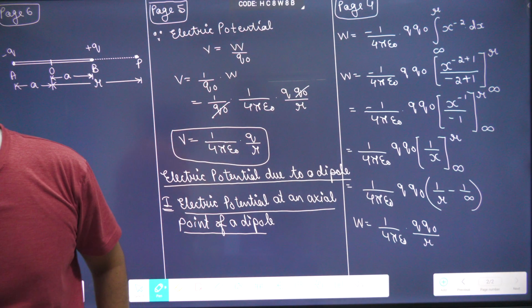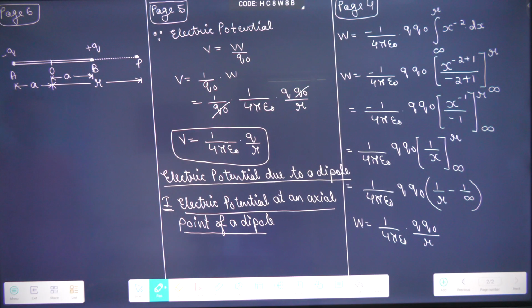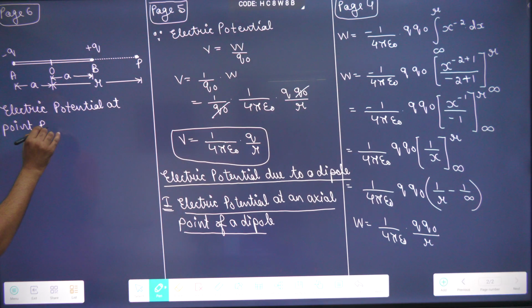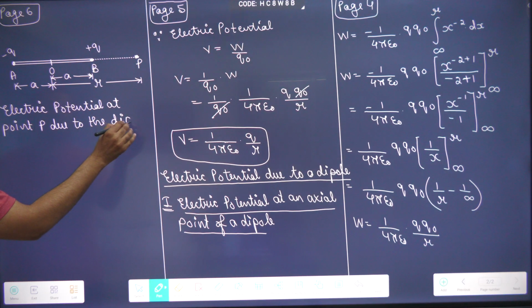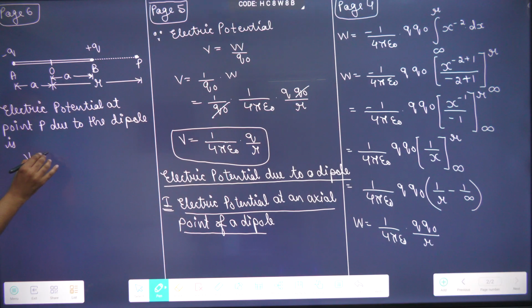Okay, so electric potential at point P due to the dipole is V equal to V1 plus V2.